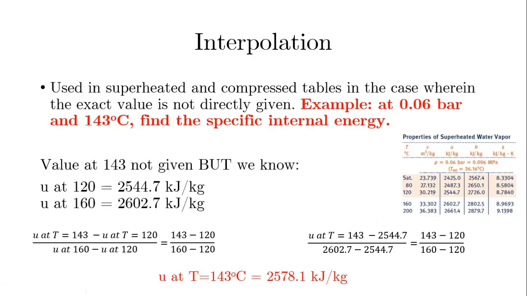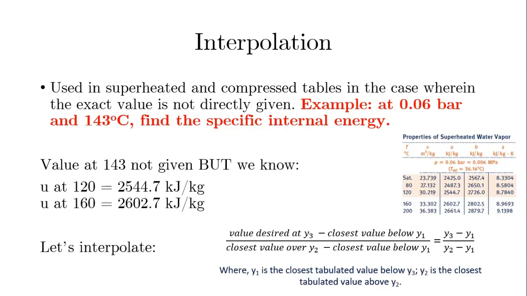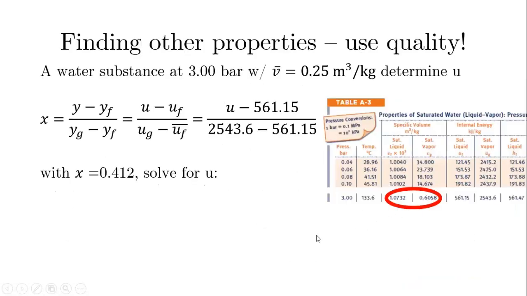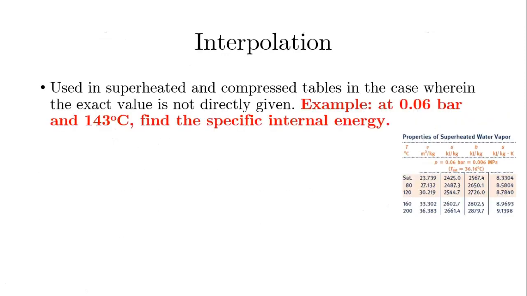I suggest writing these two things down: this one to find values that are not directly on the table, and the quality, to find anything for saturated water, saturated anything, when you have a mixture of gases and liquids. You will need those two a lot for these tables. So with that, let's do some examples.